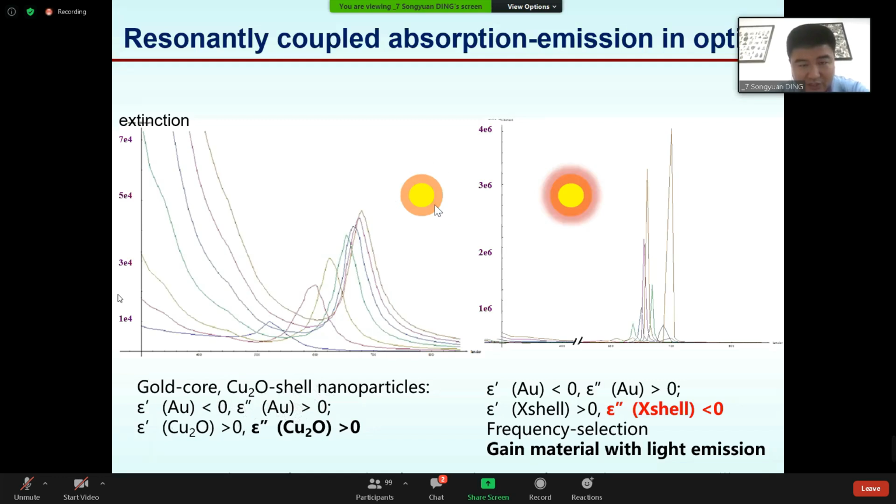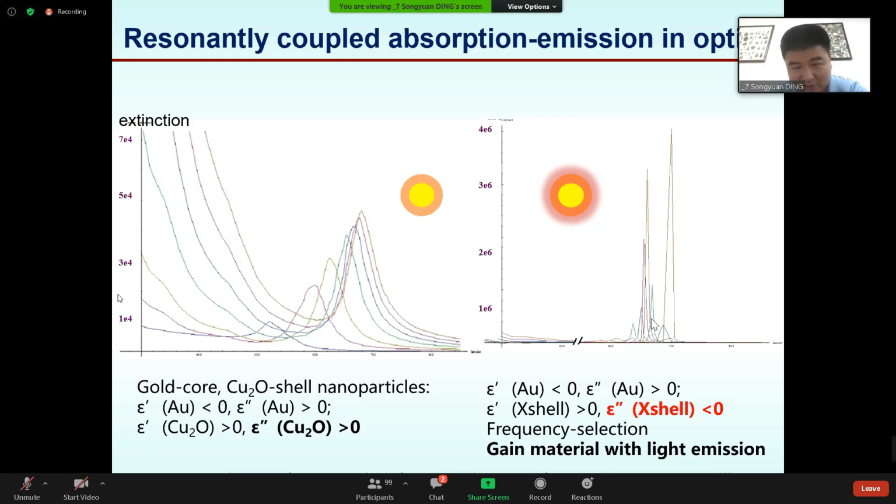For naturally available materials like cuprous oxide, both the real and the imaginary parts are positive. But if we play a mathematical game, assuming the imaginary part is not positive but negative, it means that the artificial shell material is not absorbing energy but emitting.